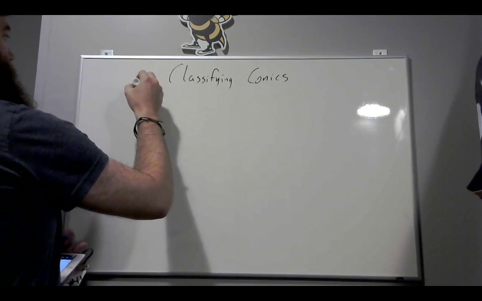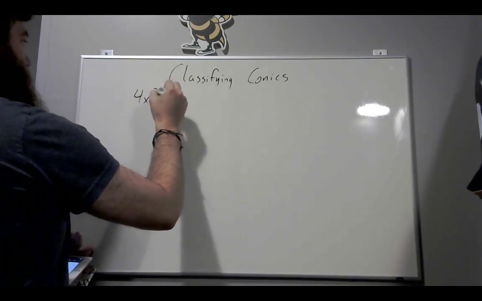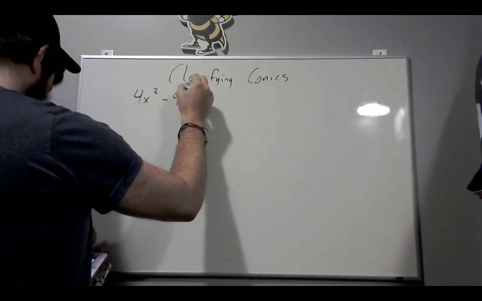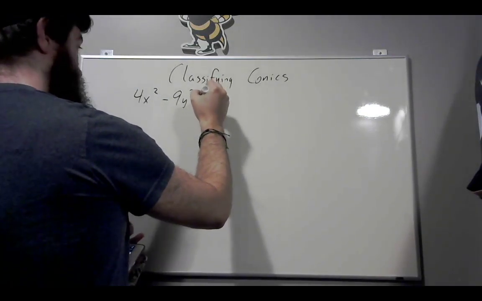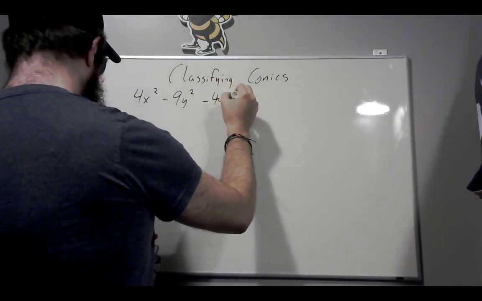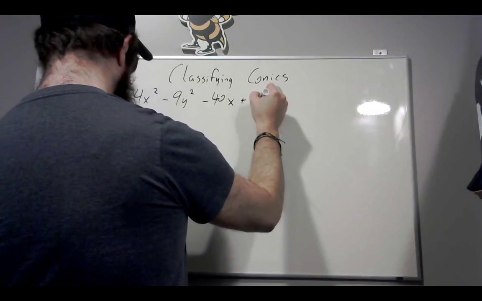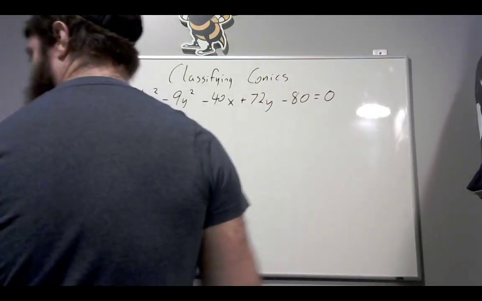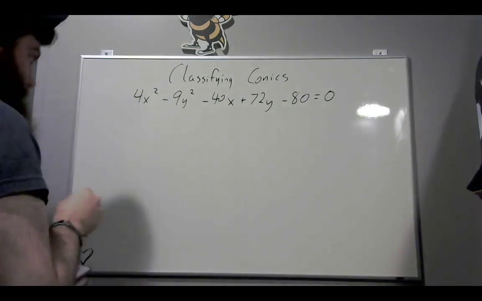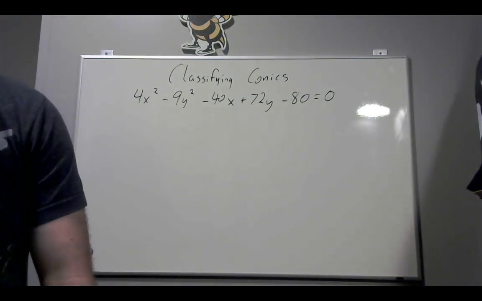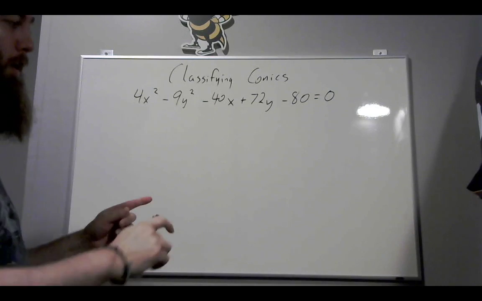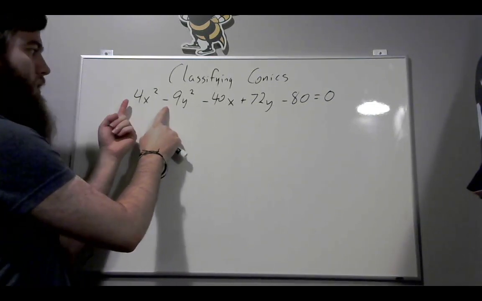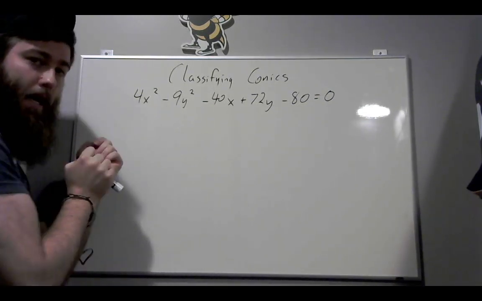So that one was 4x squared minus 9y squared minus 40x plus 72y minus 80 equals 0. Alright, so same kind of thing. We already classified this as a hyperbola. One was positive, one was negative.